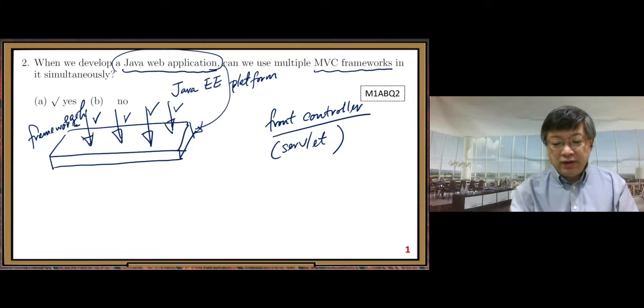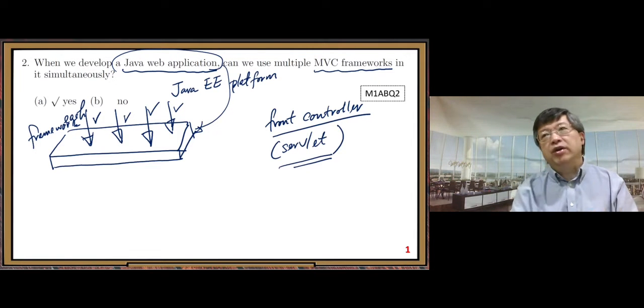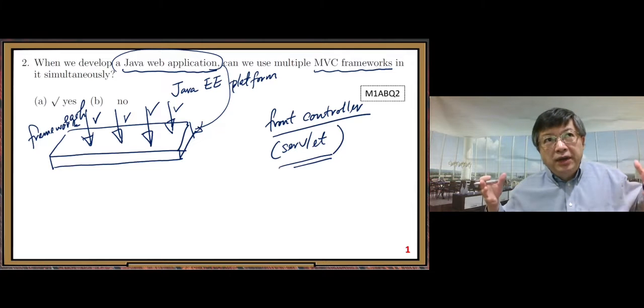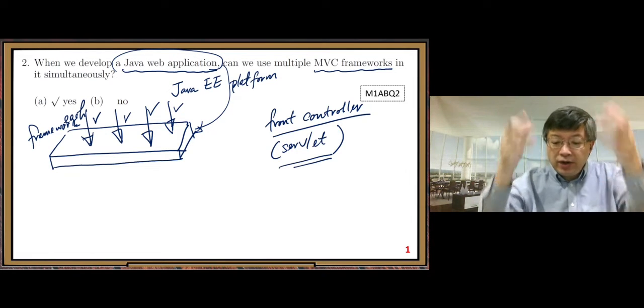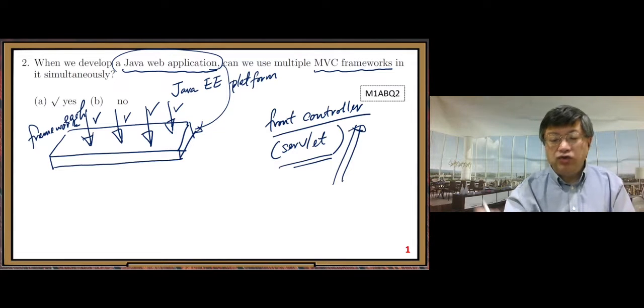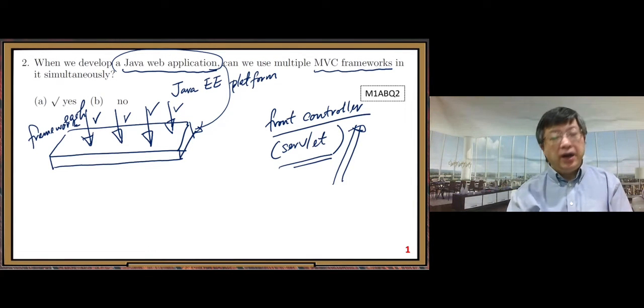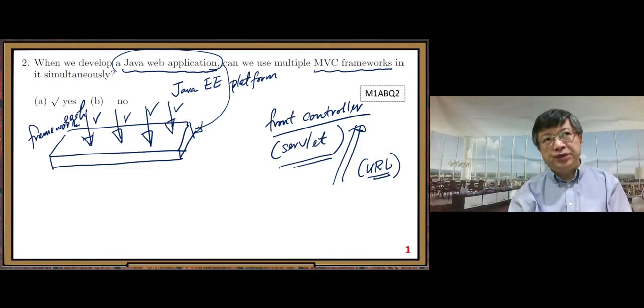That is what we call the gateway of the framework. In order to get access into the Spring MVC framework, we need to start with Spring's front controller. And specifically, we use some special URL pattern to identify that particular framework.